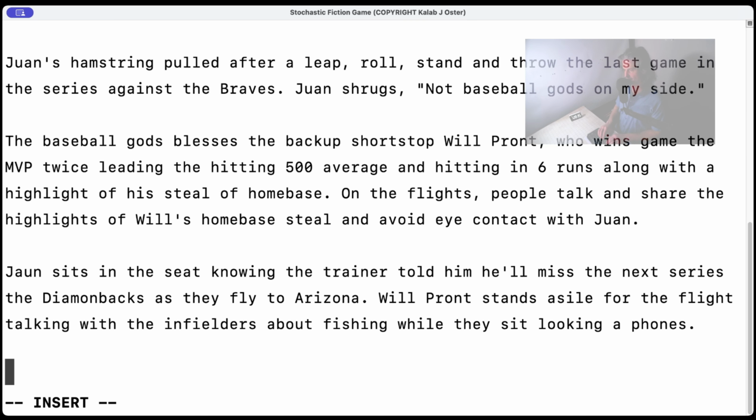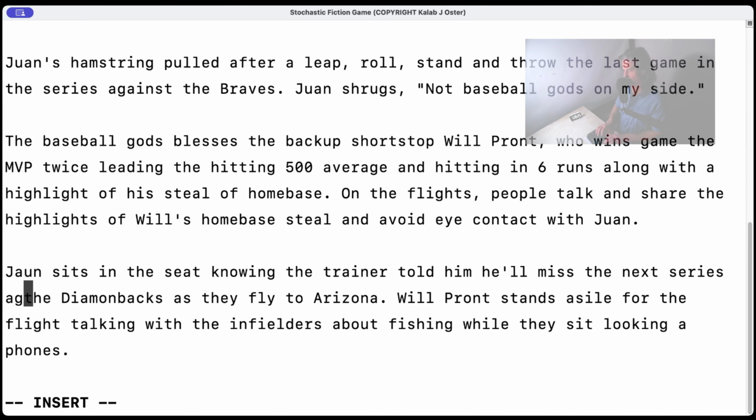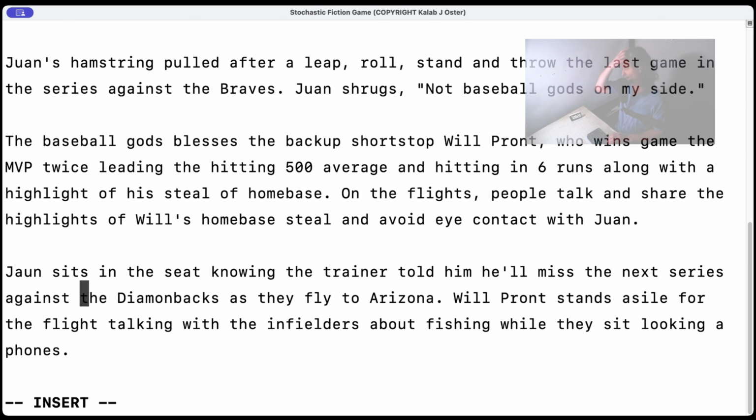Juan sits in the seat knowing the trainer told him he'll miss the next series against the Diamondbacks, as they fly to Arizona.